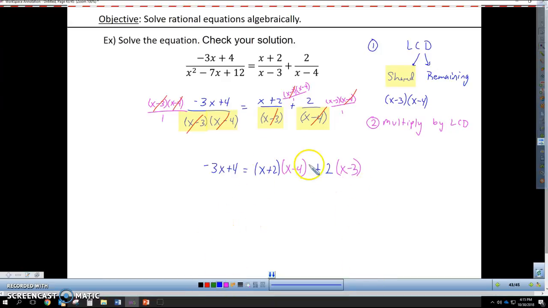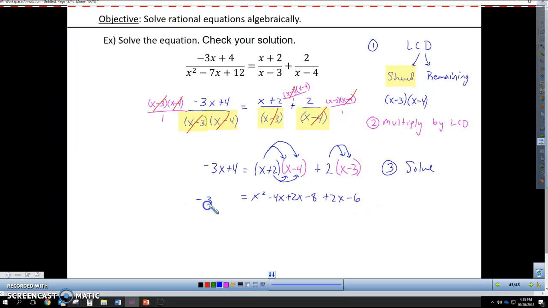Now I'll simplify this right side in order to solve. This is x squared minus 4x plus 2x minus 8 plus 2x minus 6. All I did was FOIL here and distribute here.